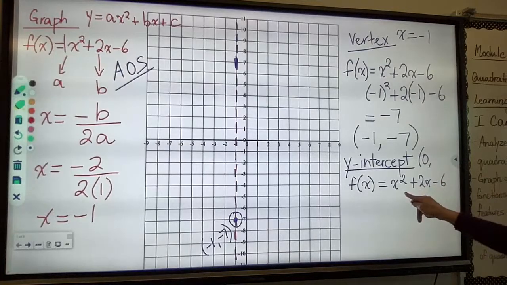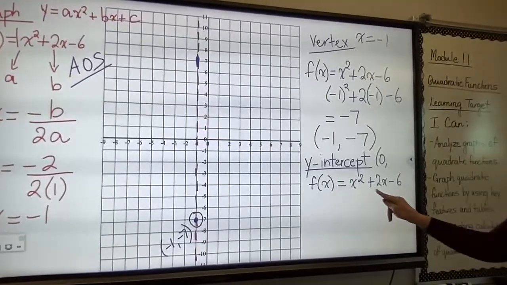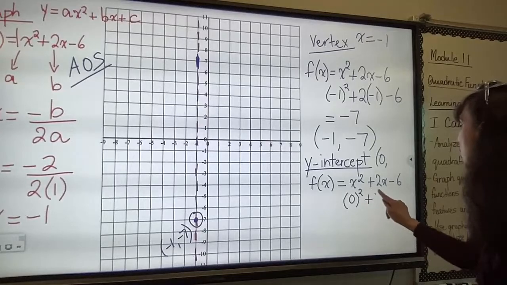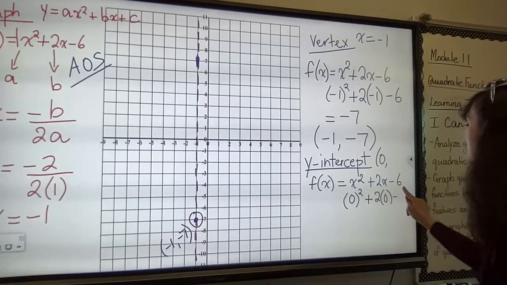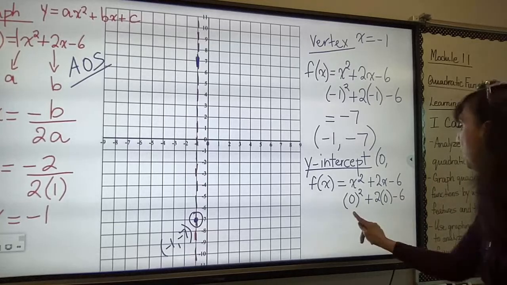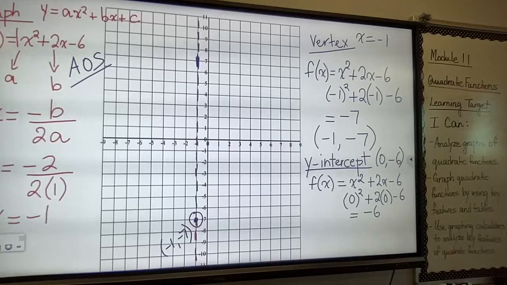So instead of x, I am just going to substitute the value 0. So this is 0 squared plus 2 times 0 minus 6. So when I simplify, what am I left with? -6. So here, (0, -6), and that is my y-intercept.